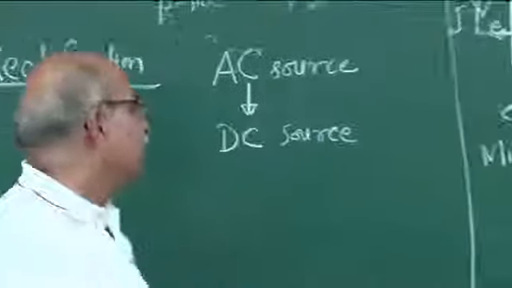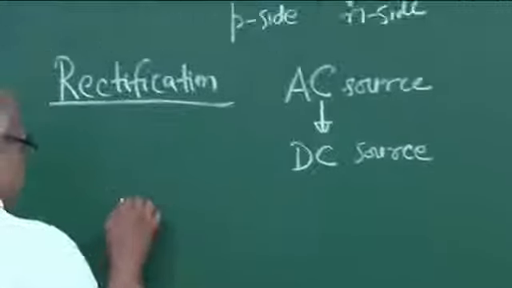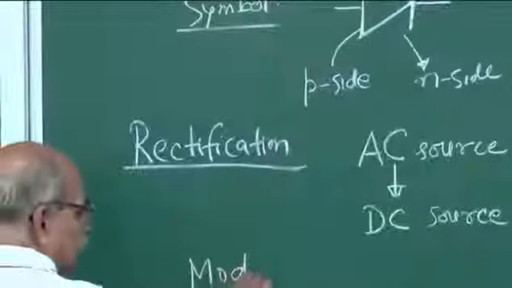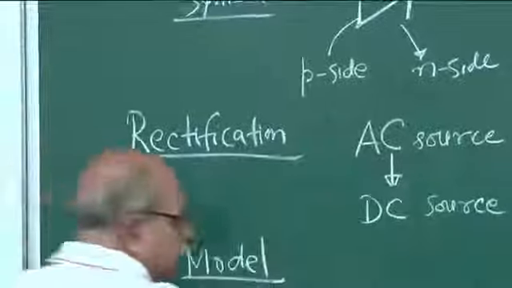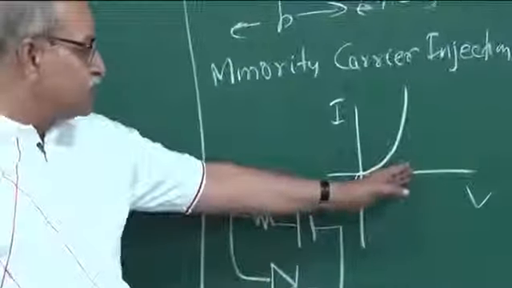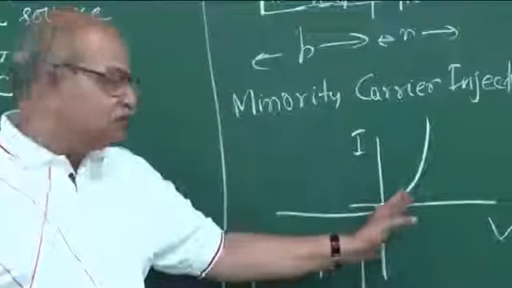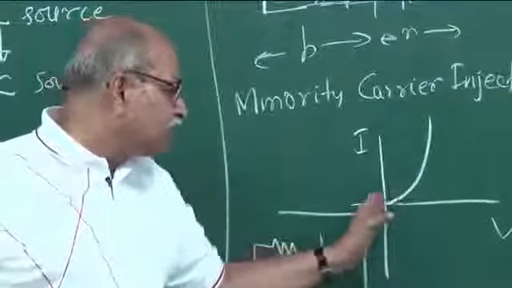So making DC voltage from AC voltage is known as rectification, and the diode is the basic element of rectification. But for that I will model this diode's IV characteristics. In the forward biased condition, you see that you have large current, at least after a few tenths of a volt.